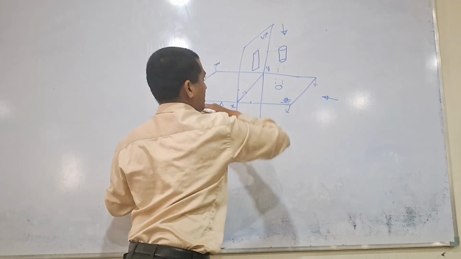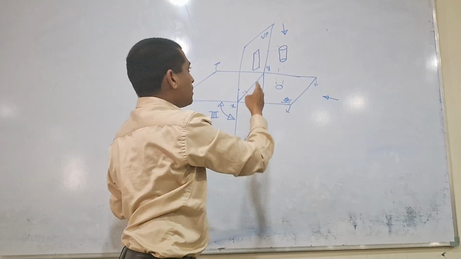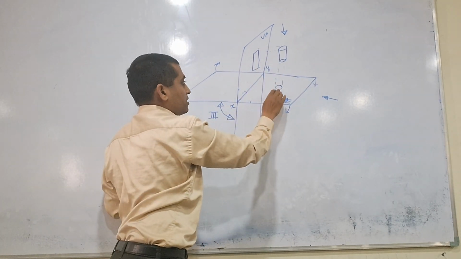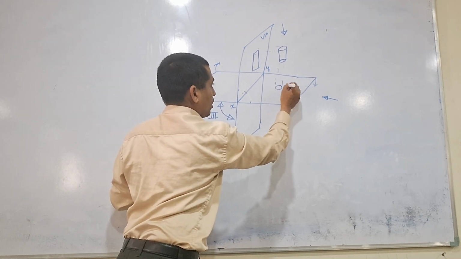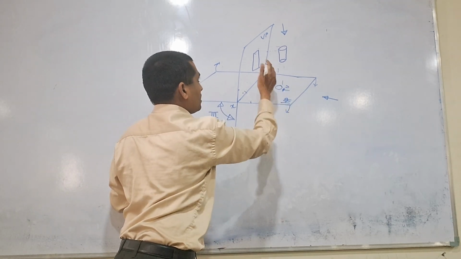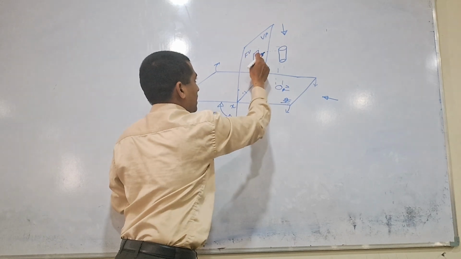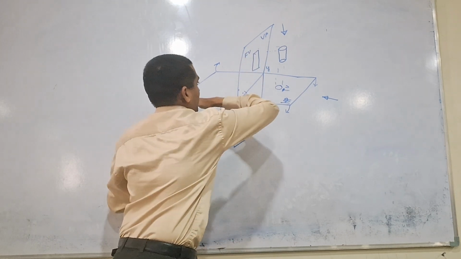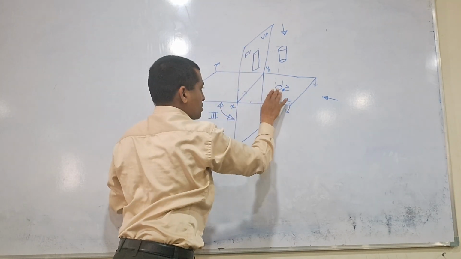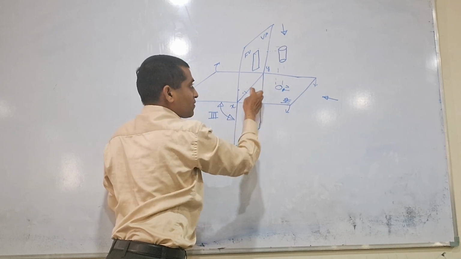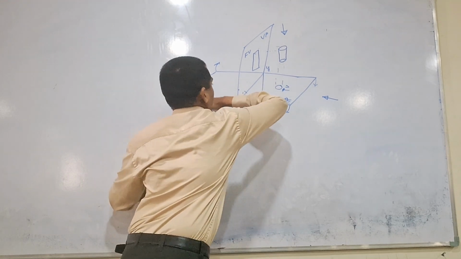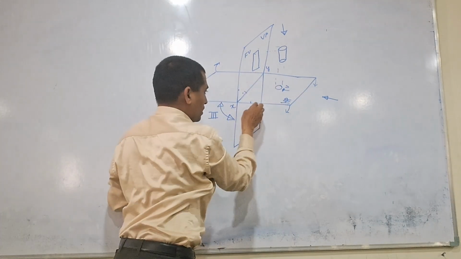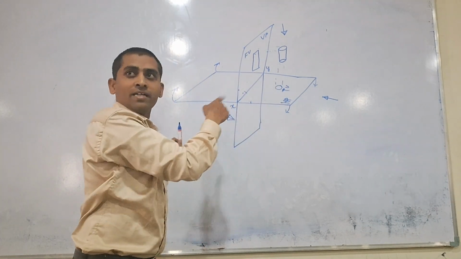If we rotate like this, this top view, which is this circle, and the front view, this rectangle, are here. If we rotate this HP plane like this, the top view will come below the XY reference line. XY reference line is there, right? Understood? So the top view will come below the XY reference line.